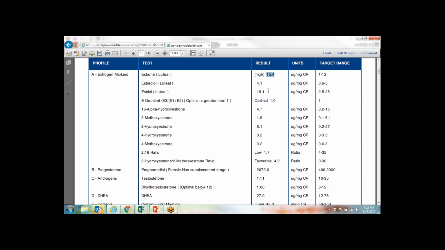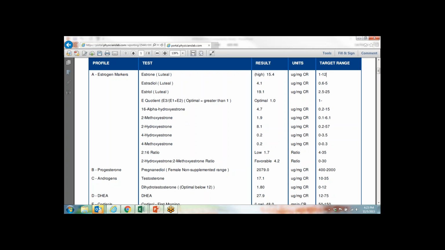I like to call it the total estrogen load, which includes not only the 3 primary estrogens, but the 5 estrogen metabolites. And so what happens here is I'm a pretty good amount above the high end of optimal in estrone, and then I'm pretty close to the high end of target in estradiol, and also pretty close to the high end of normal in estriol.